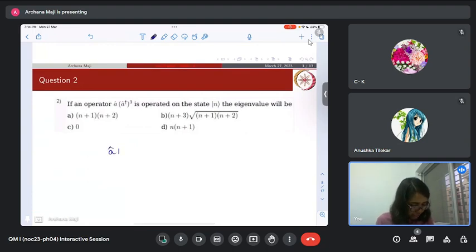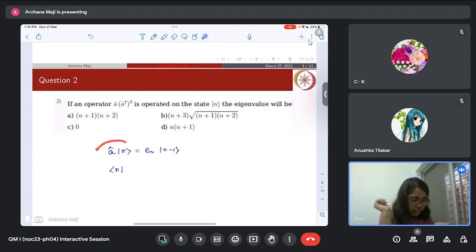So A acting on n is equal to some other coefficient En times n minus 1.